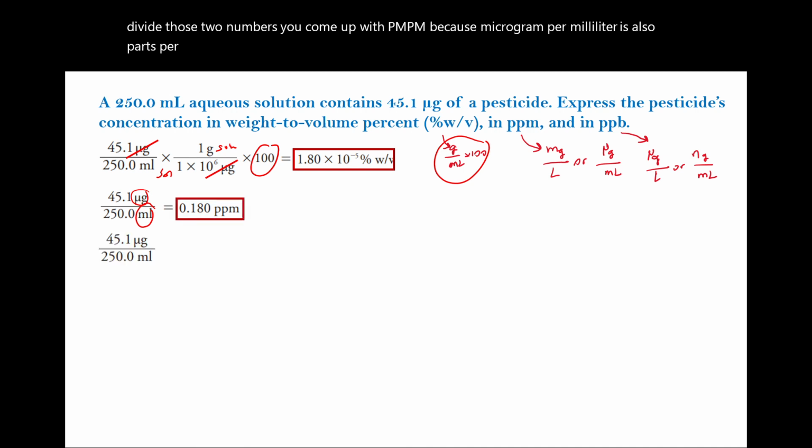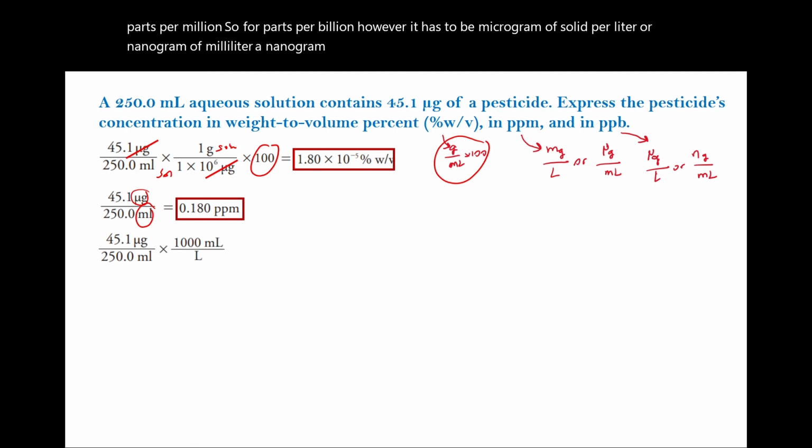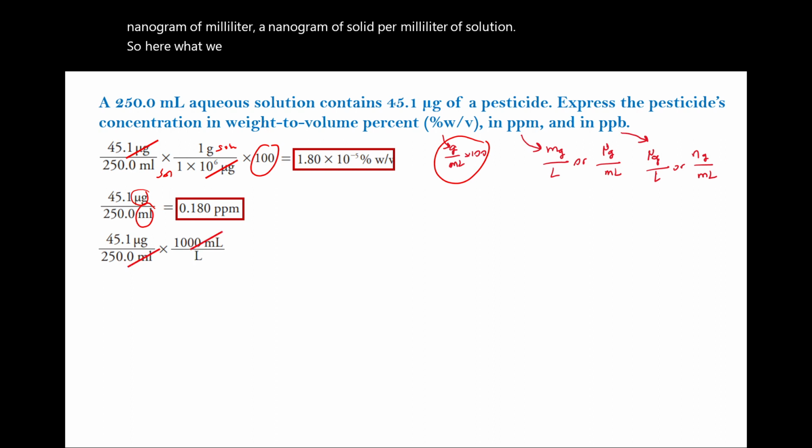For parts per billion, however, it has to be micrograms of solid per liter or nanograms of solid per milliliter of solution. So here what we do is we just convert the milliliters to liters.